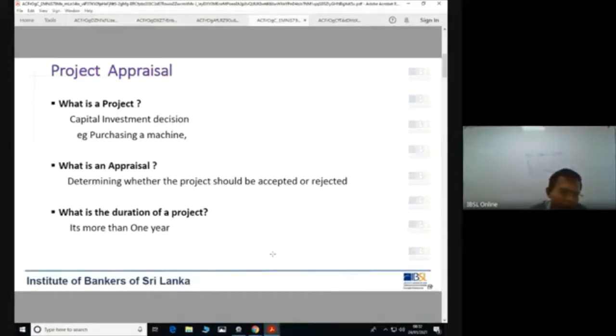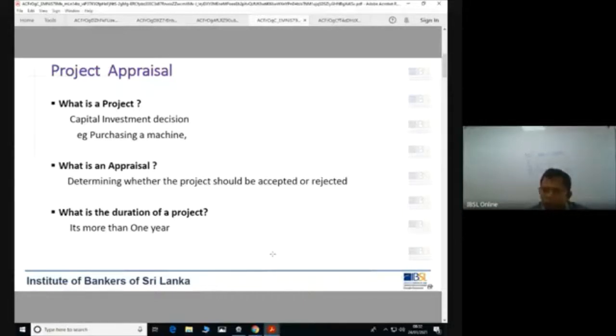So what do we find out here? Basically we are finding out whether this particular project is worthwhile for us to accept. Actually this is an accounting subject. So accountants do this valuation, to see whether this project is viable for us to accept.